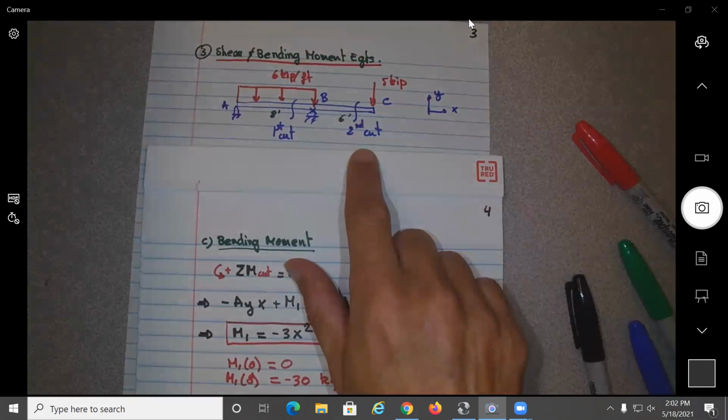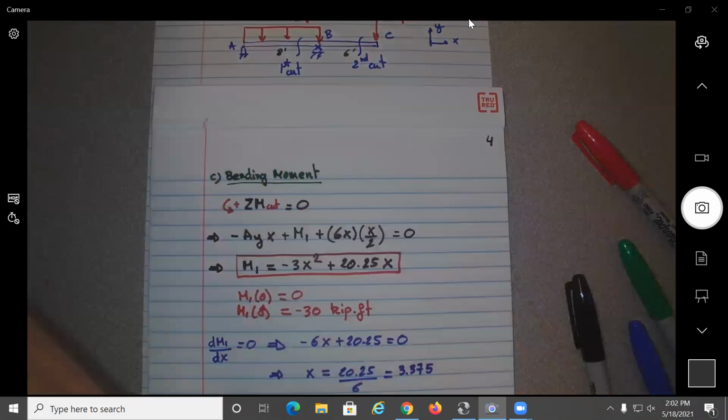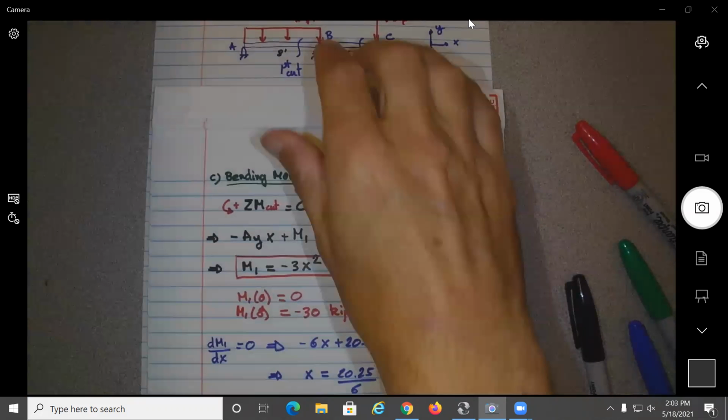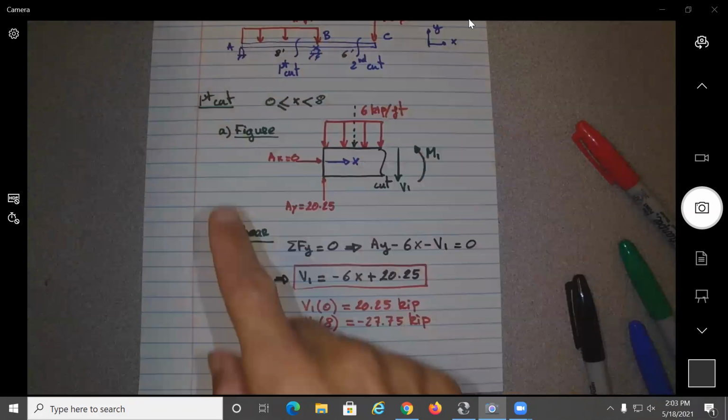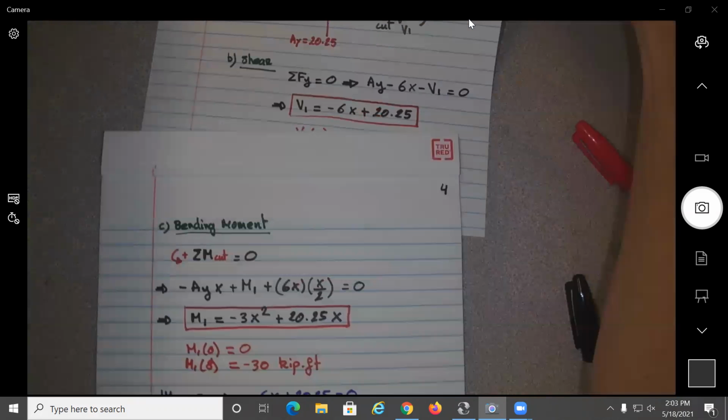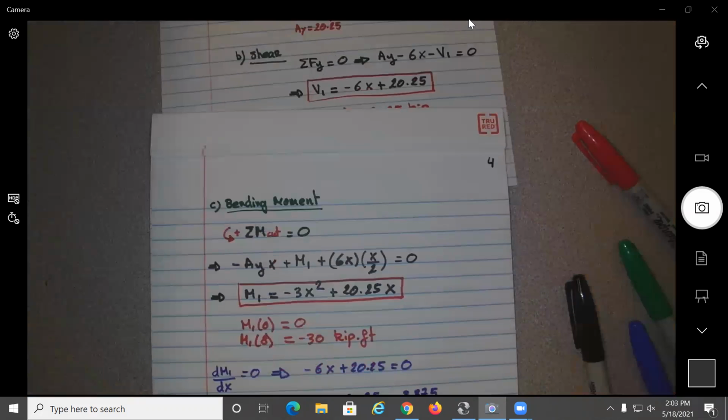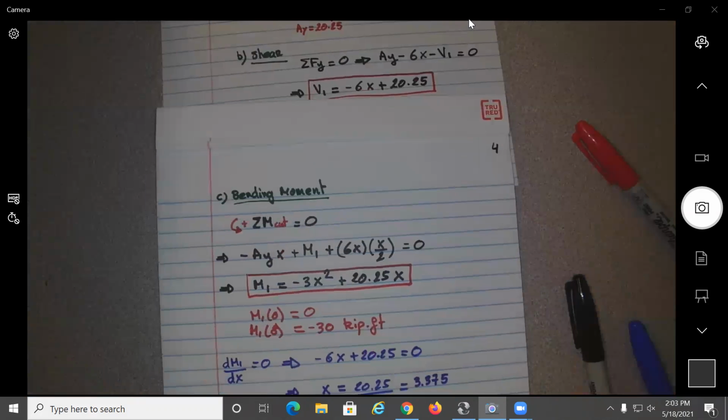Okay. So let's see what was the presentation I used for the first cut. Reactions. Should have it here. Okay, first cut. So let's do the same procedure here. Second cut.